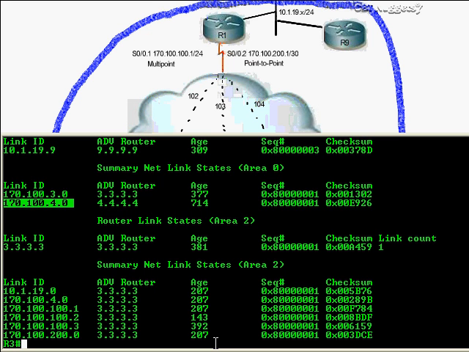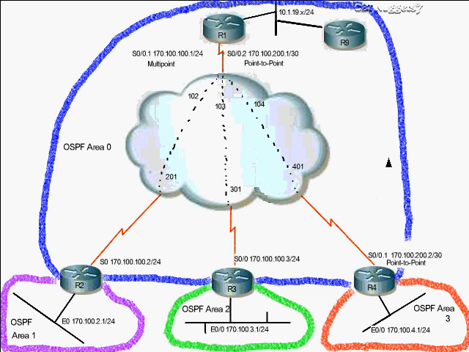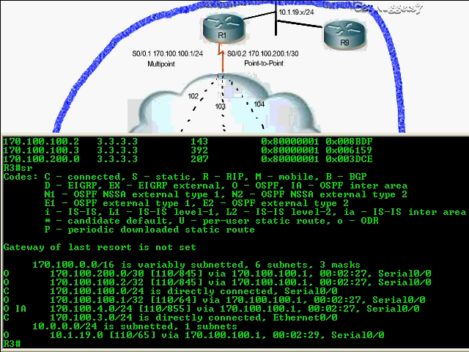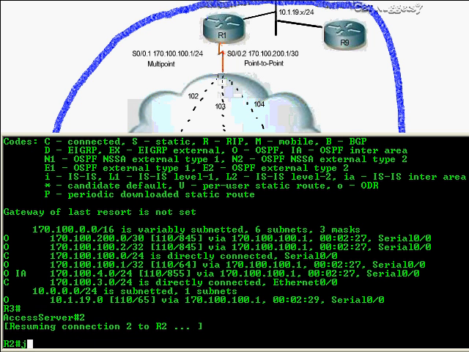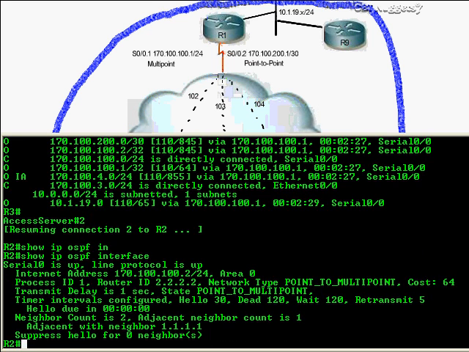And now's a good time because I'm looking and I'm seeing that router 2 has not shown up yet. Router 2 should be, did I type in the area command on there? I might not have. Let's jump over to router 2 and I'll do a show IP OSPF interface. Let's just see. Aha, we forgot to type in, like I apply this blanket statement.